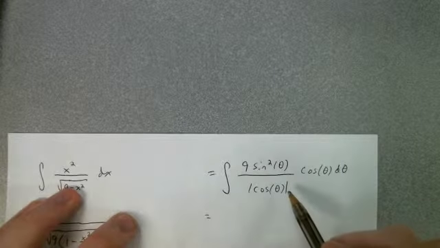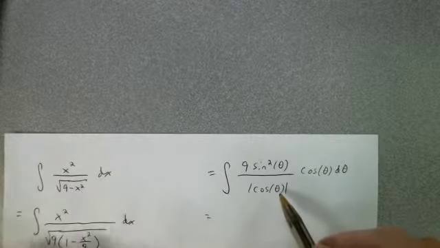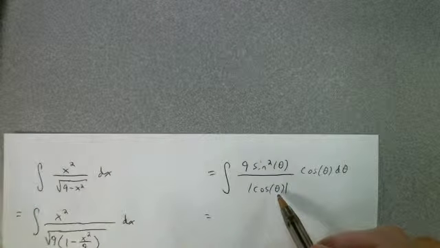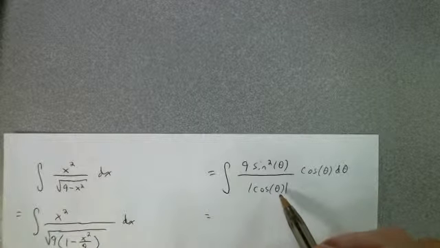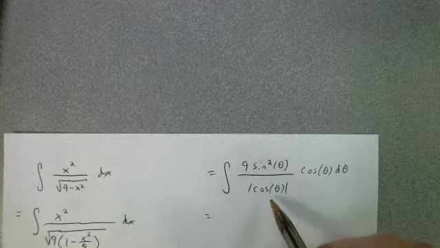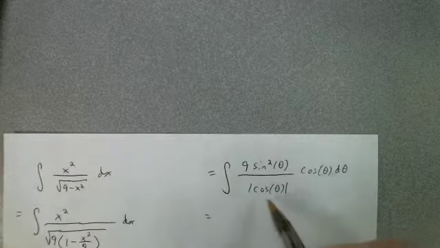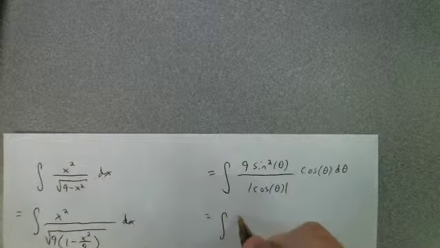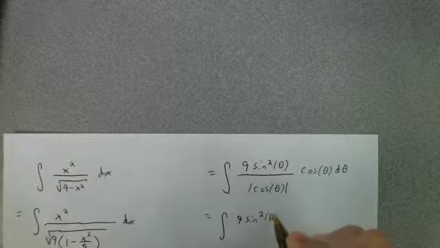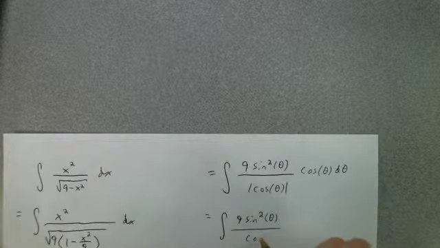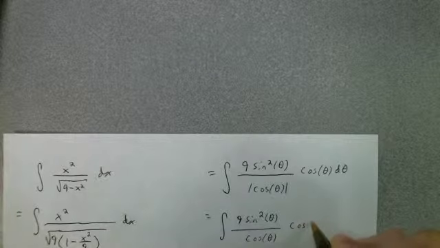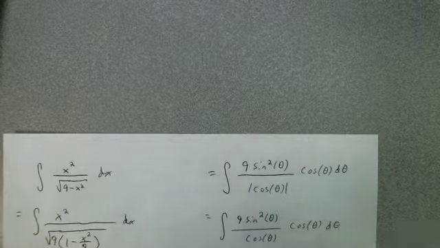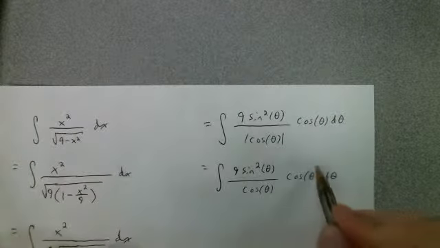We can just drop them because the cosine of theta will always be positive anyway. So here we're using angles between negative pi over 2 and pi over 2. Cosine theta is positive, so we don't need the absolute value bars. They're not doing anything. So I'll be able to cross off these cosine thetas here. Great.